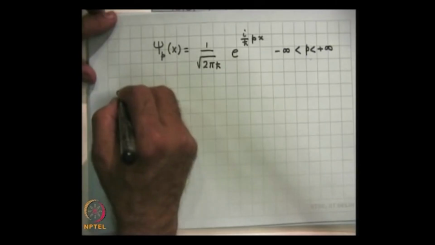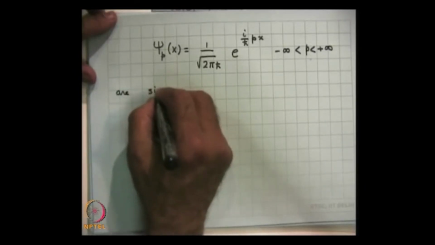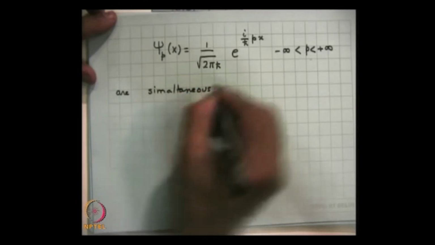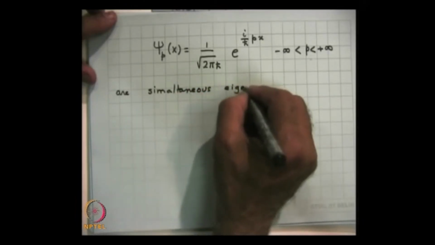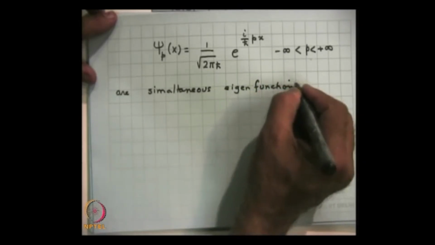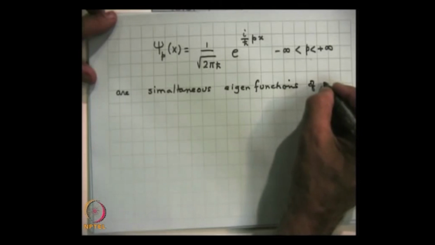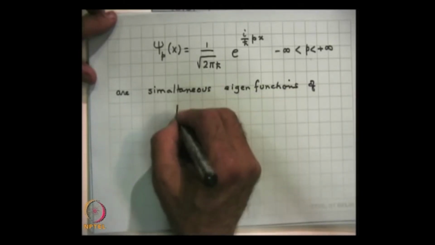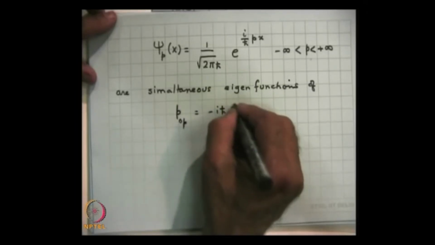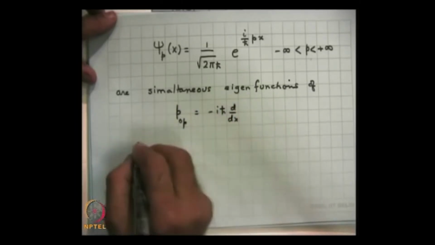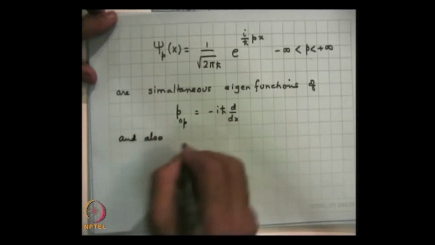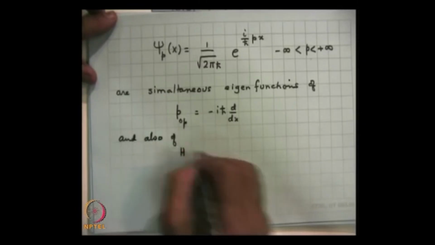They are simultaneous eigenfunctions of p op, which is equal to minus i h cross d by dx, and also of the Hamiltonian for the free particle.